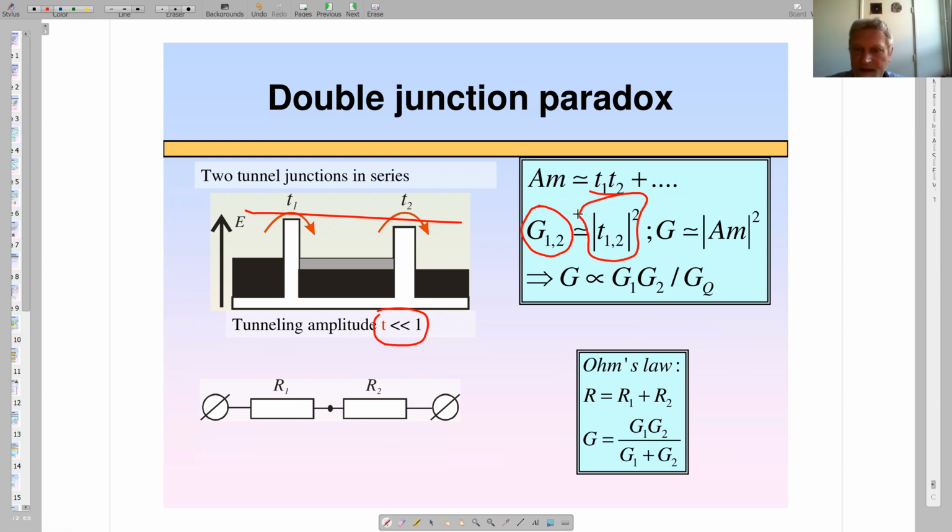Right, the same I should do with conductance of overall system. What would I get? That is strange. I get that conductance scales as a product of individual conductances. Okay, I put here G_Q to keep dimension. All right. Do you agree with this estimation?